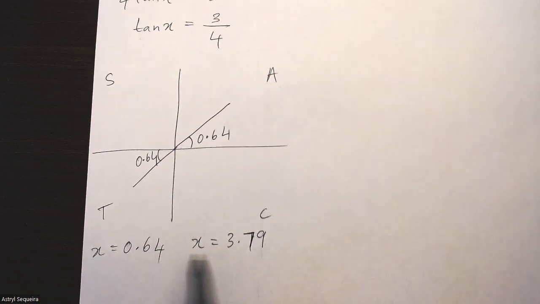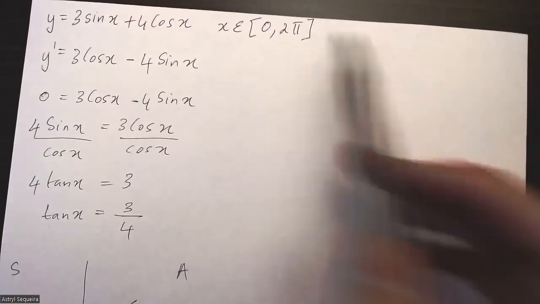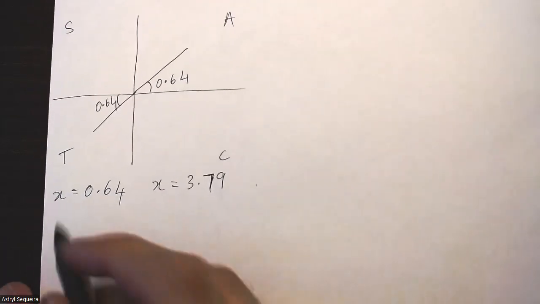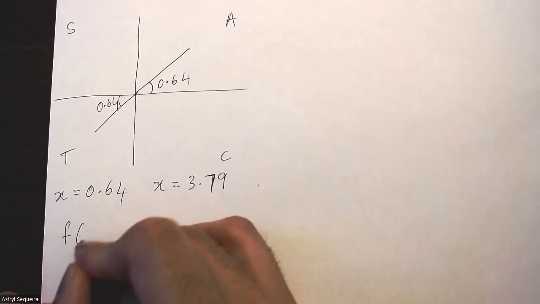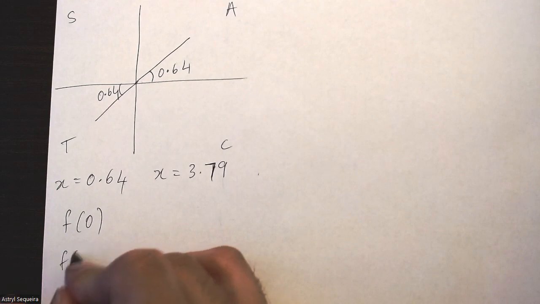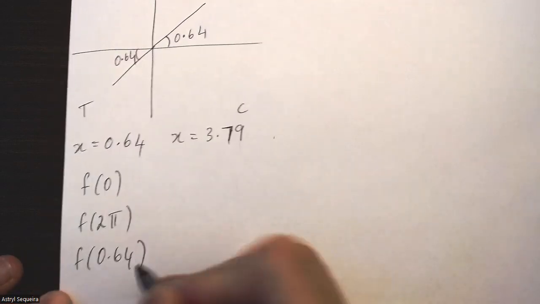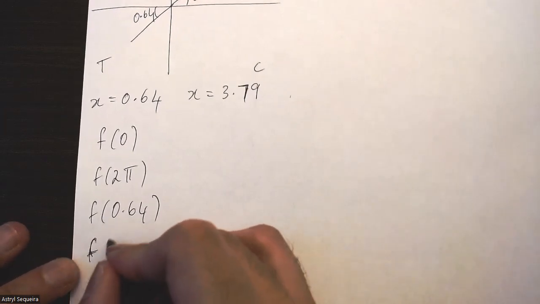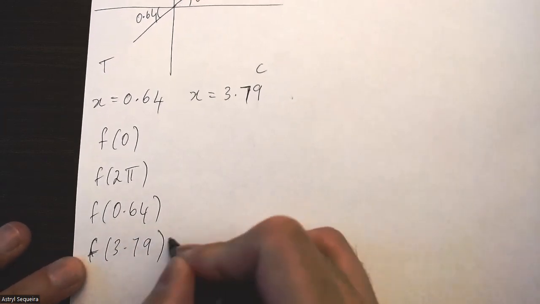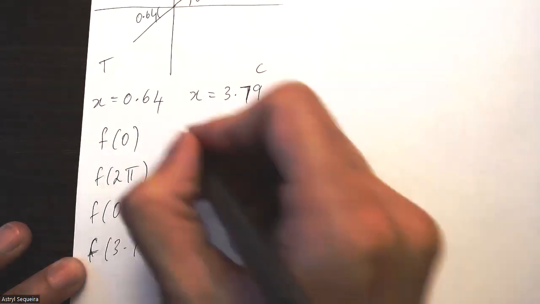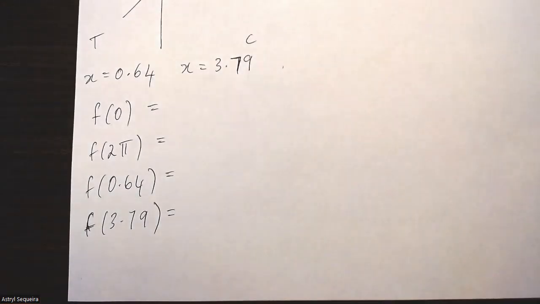These are both definitely going to be between 0 and 2 pi, and they're my only two solutions between 0 and 2 pi. So now I have to test f of 0, f of 2 pi, f of 0.64, and f of 3.79.